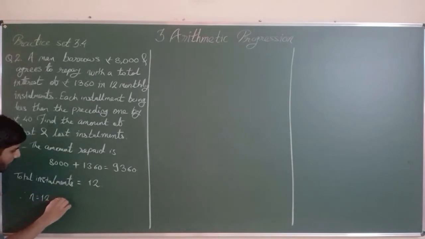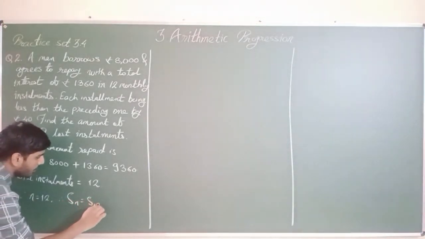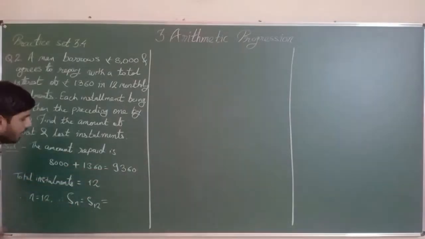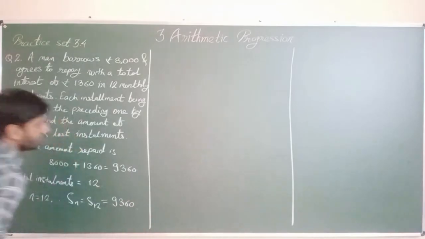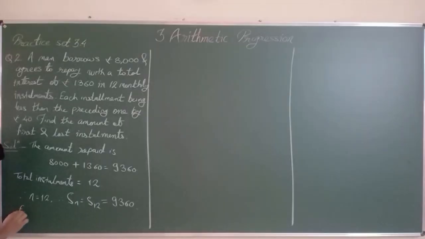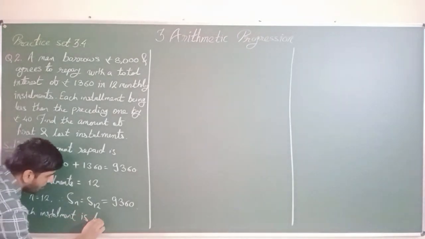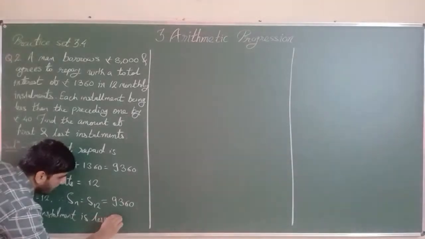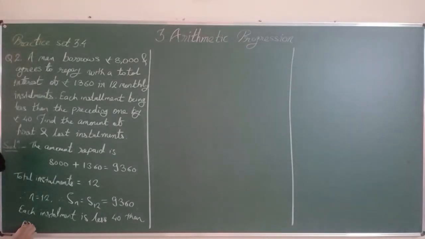Therefore, Sn, which is equal to S12, is 9,360. Here, each installment is less by 40 than the preceding one.